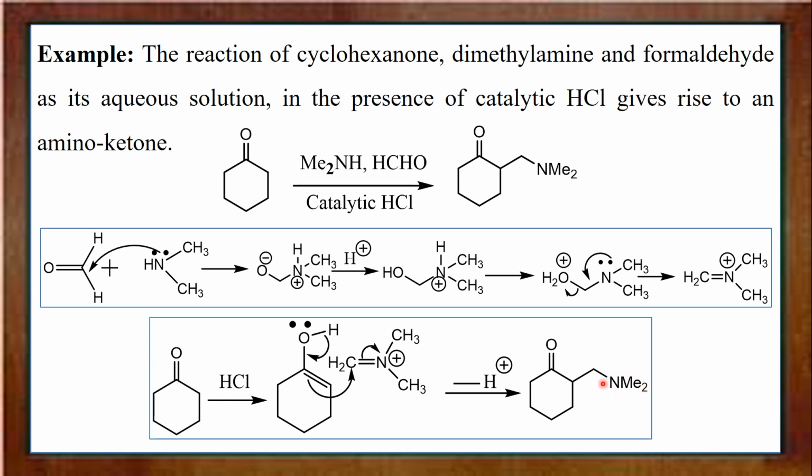This is an amino group, N,N-dimethylaminomethyl cyclohexanone, and this is how we are introducing the aminomethyl group into the alpha carbon of the carbonyl compound, and instead of the carbonyl group, as I said earlier, in this place we can have some other strong electron withdrawing groups.